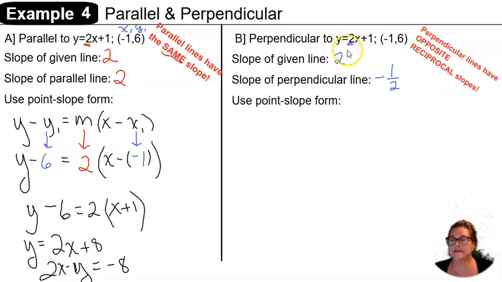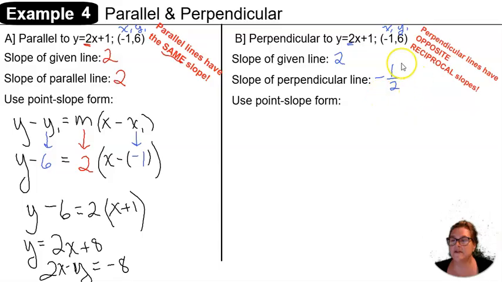Remember, reciprocal means to flip our fraction upside down. So the reciprocal of 2 is 1 over 2. And opposite means the opposite sign. And the opposite of a positive is a negative. So we're going to use the given point, negative 1, 6, as our x1, y1.